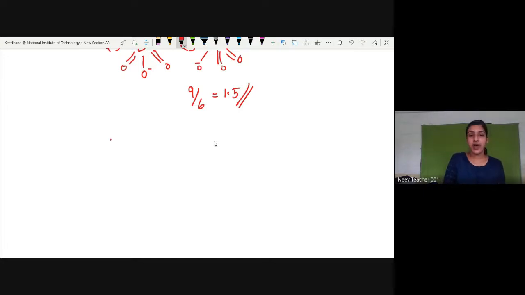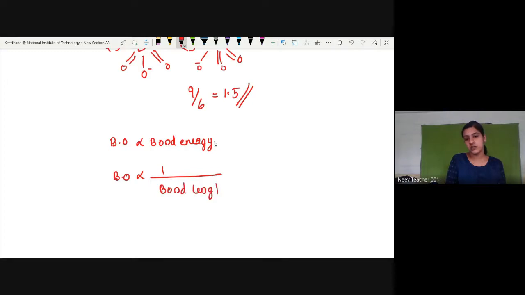Also, as we know, bond order is directly proportional to bond energy, and bond order is inversely proportional to bond length. Let's consider carbon: there is a molecule which has a carbon-carbon sigma bond, and molecules which have a carbon double bond carbon and a carbon triple bond carbon.